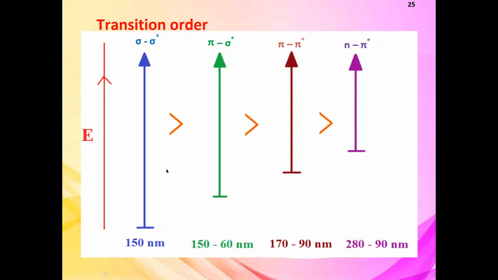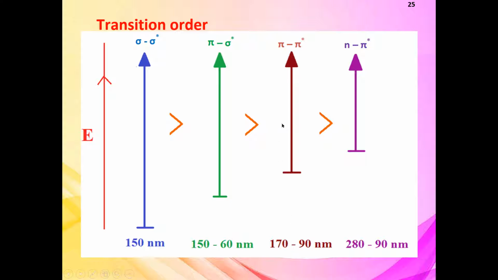That is why in this region of wavelength, two types of transitions will exist, that is pi to pi star transition and n to pi star transition. Among them, the n to pi star transition requires less energy, hence it occurs at higher wavelength, since energy is inversely proportional to the wavelength.